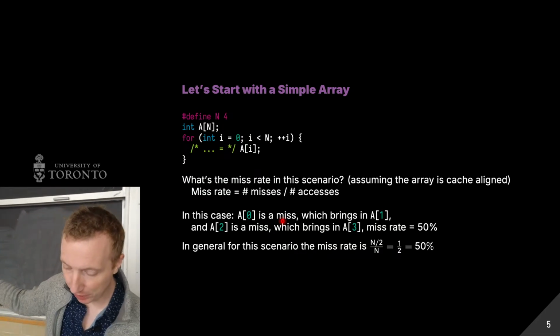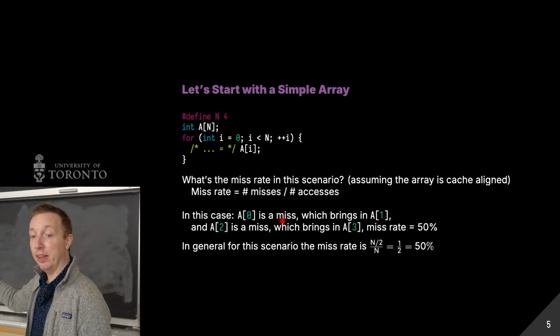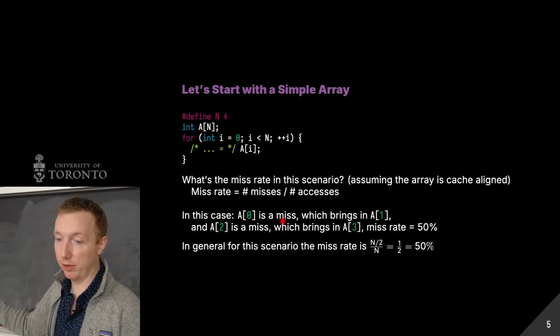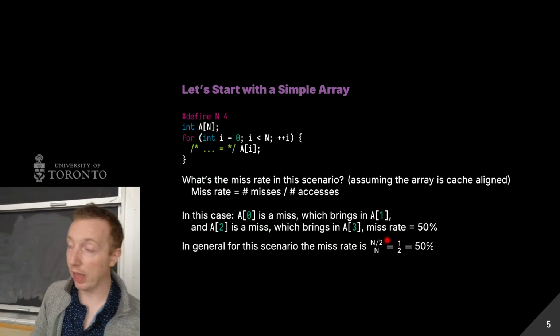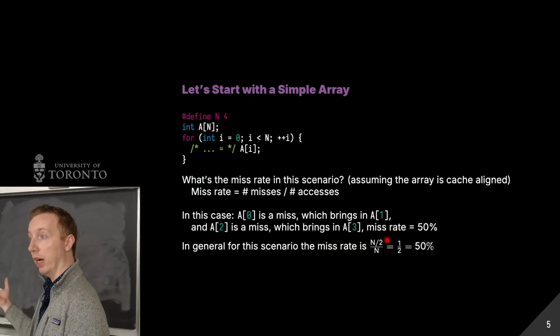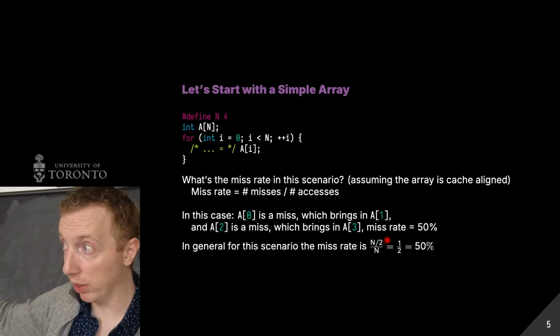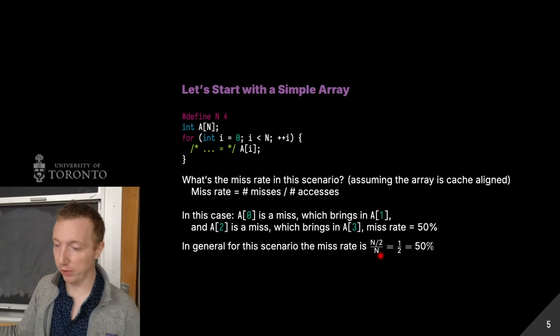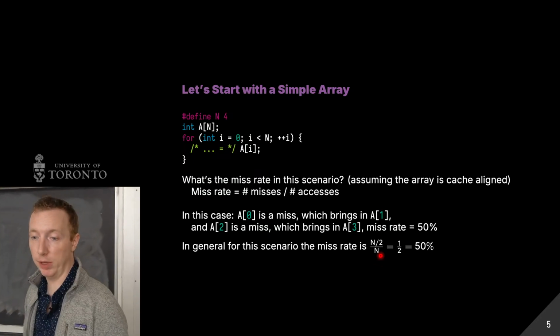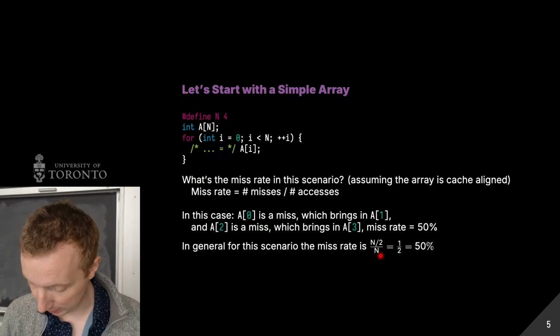So if you generalize that, in this scenario, if I can only fit 2 things in the cache, my generalized miss rate is like I'll have n divided by 2 misses, no matter what the size of the array is, and then n accesses. So that gives me a 50% miss rate all the time.